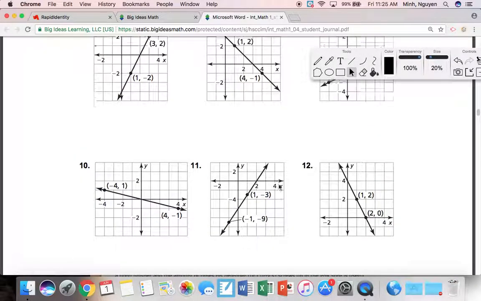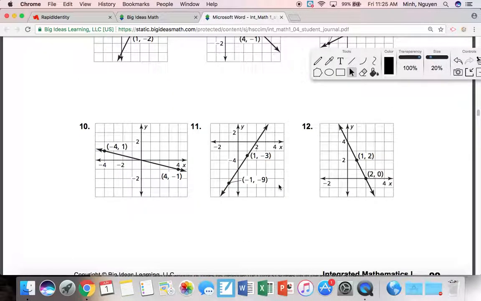So you do the same. To give you one more demo, I'll do number 10. Let's find our slope first. We could go from this point all the way over here, but it looks simpler that it's crossing 0, 0. So go down 1, over 1, 2, 3, 4, which is down 1 to the right 4.